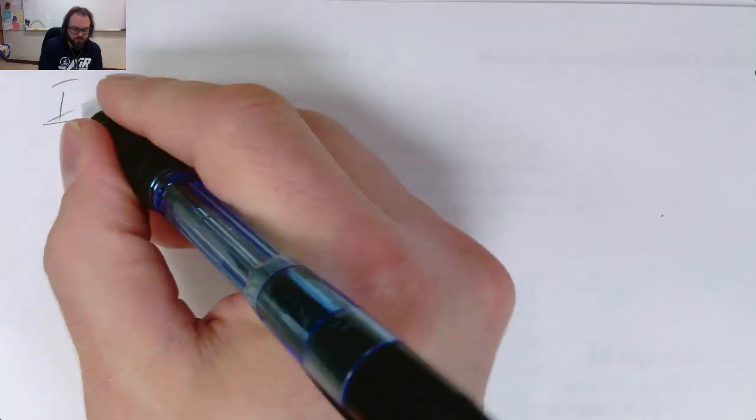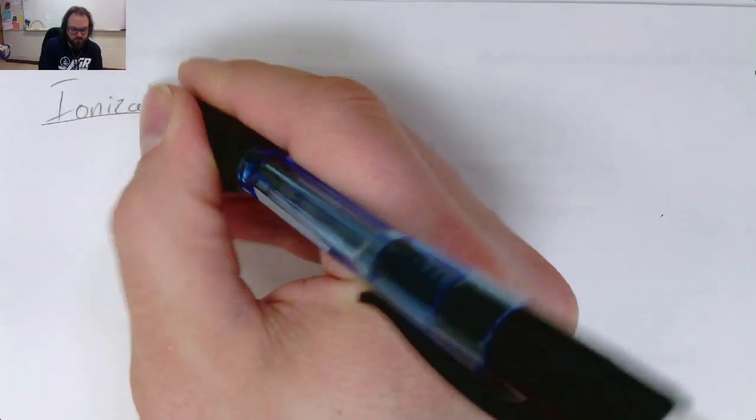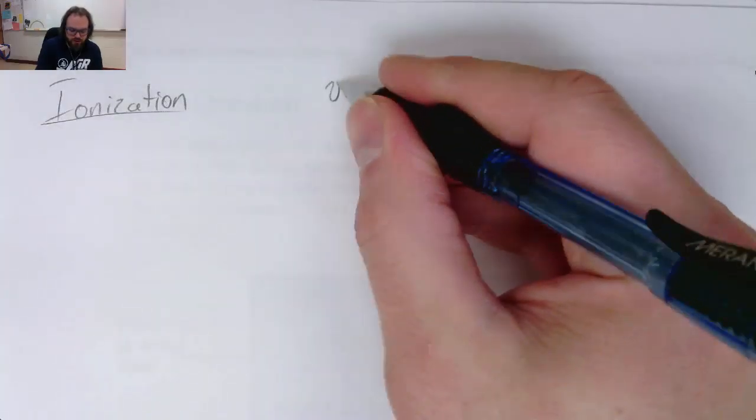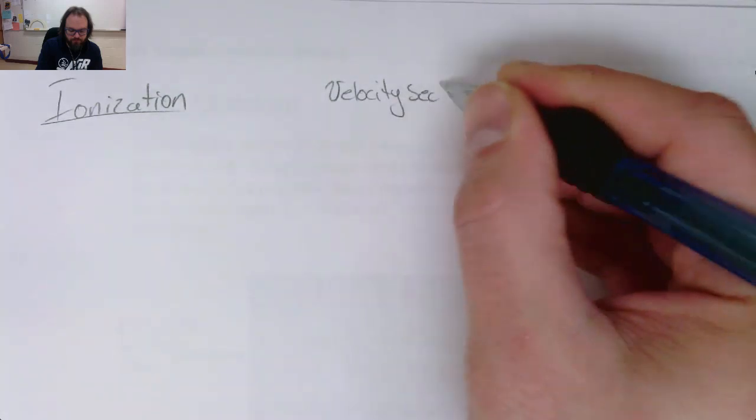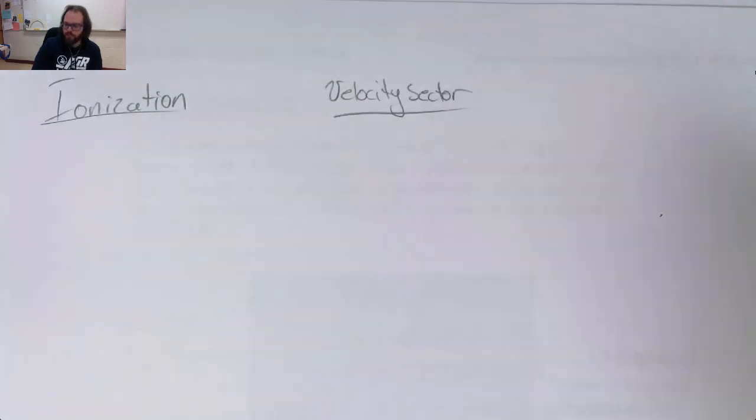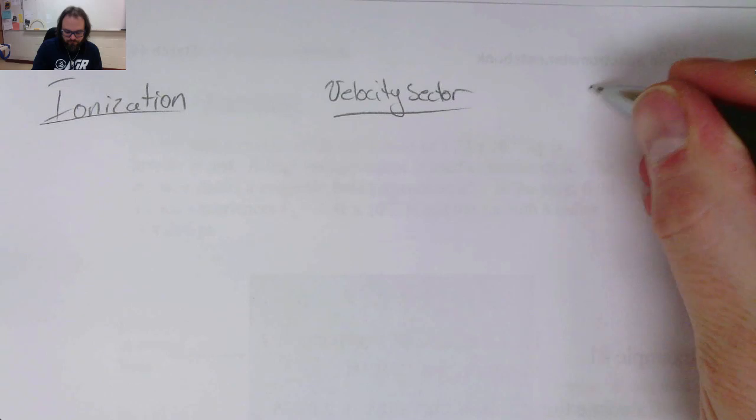Once again, we have my ionization. Then we're going to look at my velocity sector. And then we're going to look at my curving.